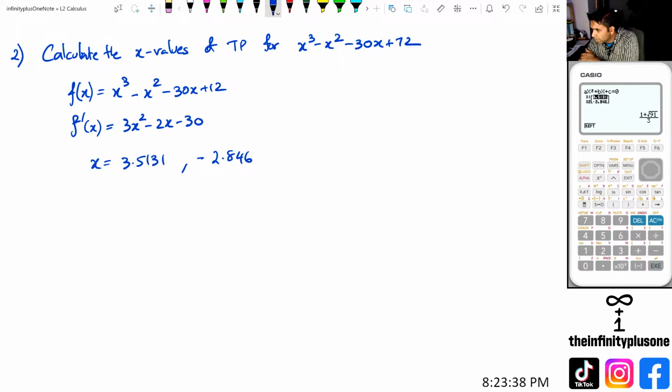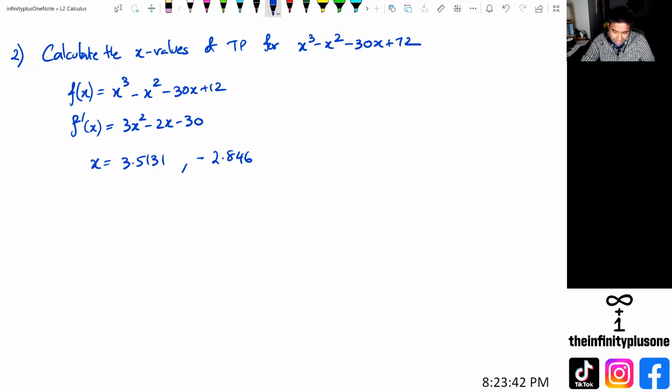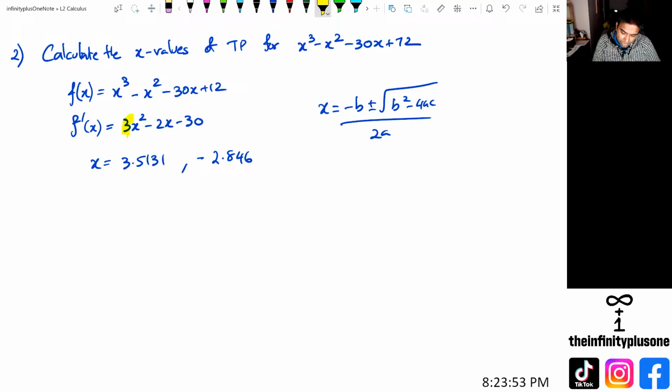What about without a graphics calculator? Elliot, without a graphics calculator, you'll have to use the quadratic formula, which is this thing right here. And you've got to actually substitute your a with 3, b as -2, and c as -30.